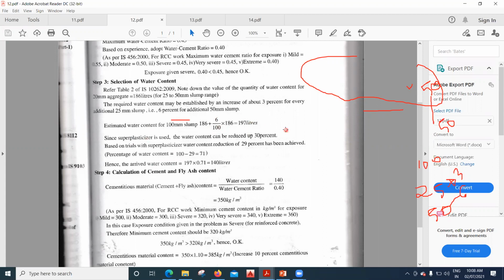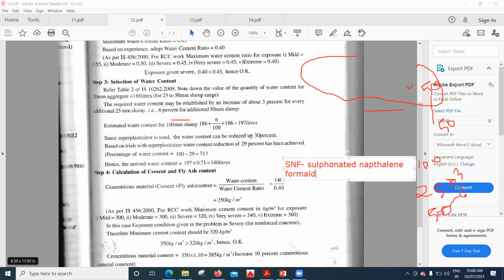But practically, when you make use of a super plasticizer, I'll write it here. The plasticizer we usually use is SNF, that is sulfonated naphthalene formaldehyde.